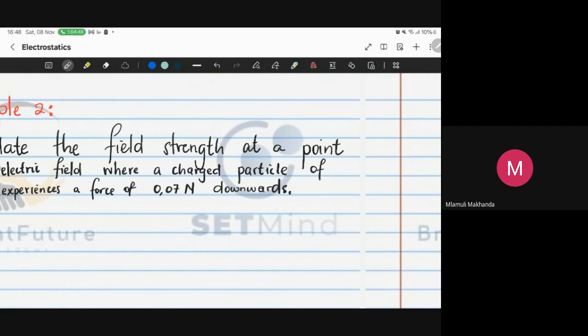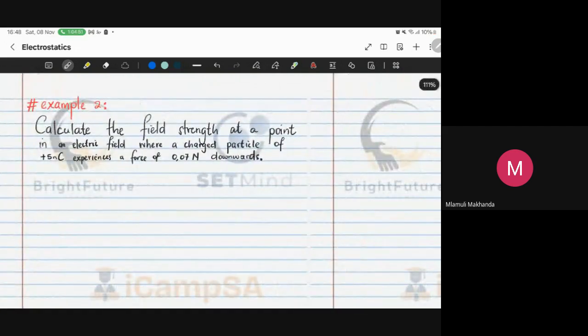We are given a scenario like this, and we are required to calculate the field strength at a point in an electric field where a charged particle of plus 5 nanocoulombs experiences a force of 0.07 newtons downwards. Right. So this is as simple as saying E is equal to F over Q.